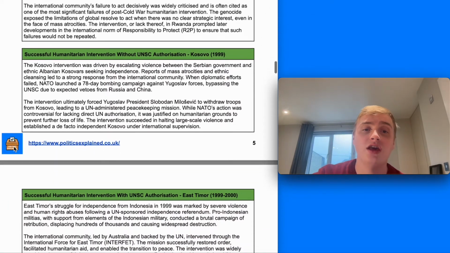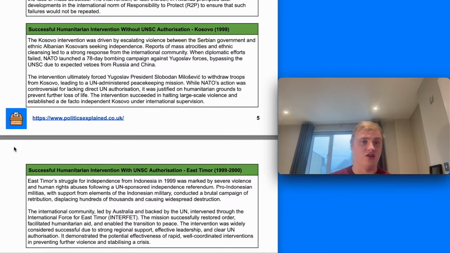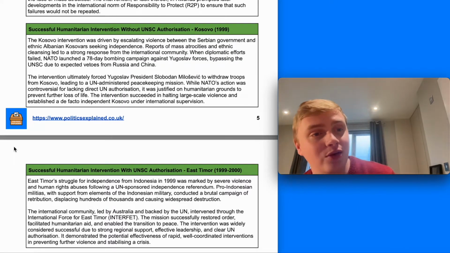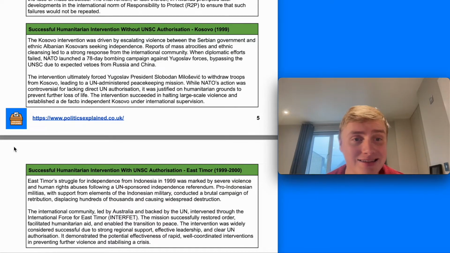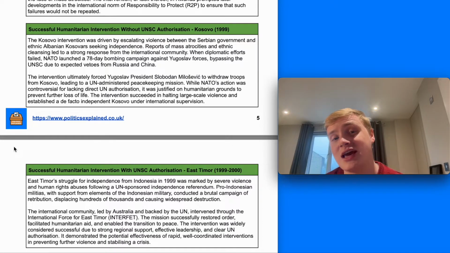One of these was in Kosovo, and this was without UN Security Council authorisation. There was escalating violence in 1999 between the Serbian government and ethnic Albanian Kosovans seeking independence, and reports of mass atrocities and ethnic cleansing led to a strong response from the international community. NATO launched a 78-day bombing campaign against Yugoslav forces.